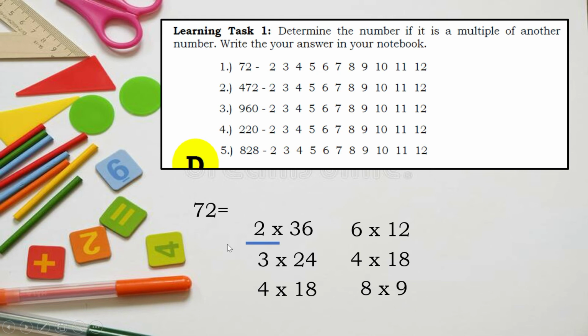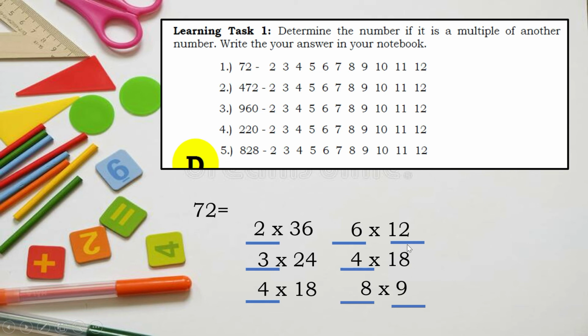So, for all the numbers here, look at them. These are the factors or multiples of 72. So, 2, 3, 4, 6, 8, 9, and 12.